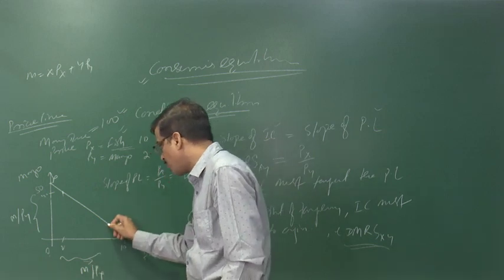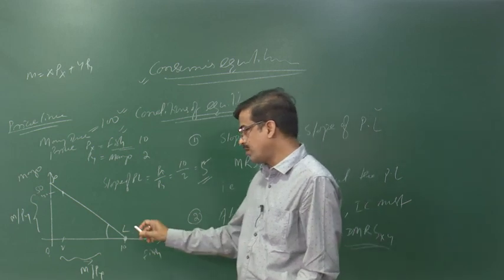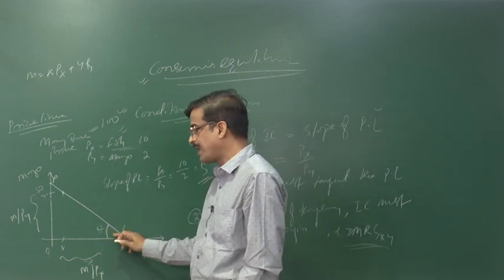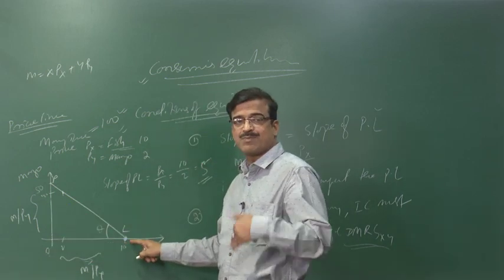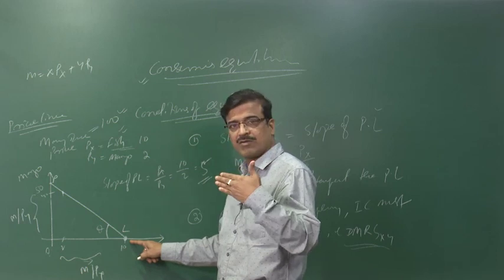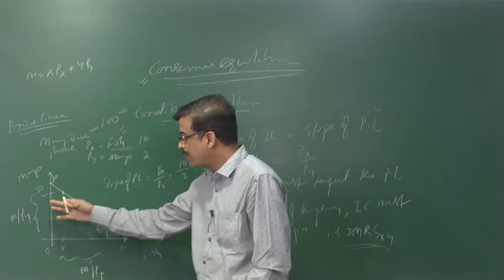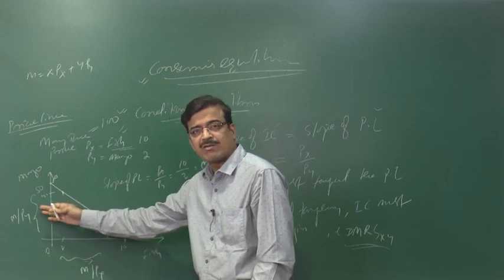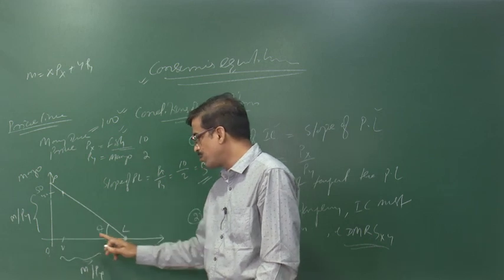If we take the slope, the tan of this particular angle, and we already know the tan of this theta, is nothing but OP divided by OL, that means P by B. In a right angle triangle, in trigonometric components, we can calculate tan of this angle as P by B, that is perpendicular divided by base, where perpendicular is OP and base is OL.